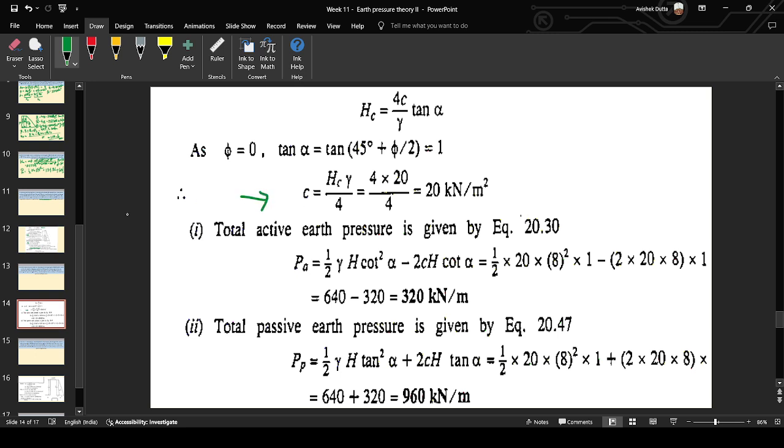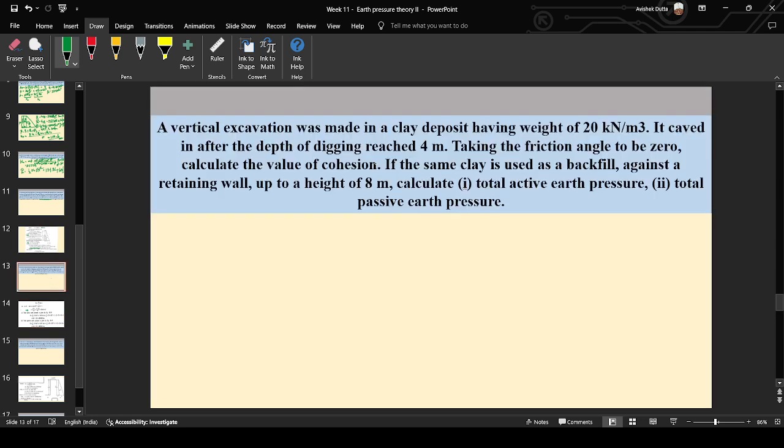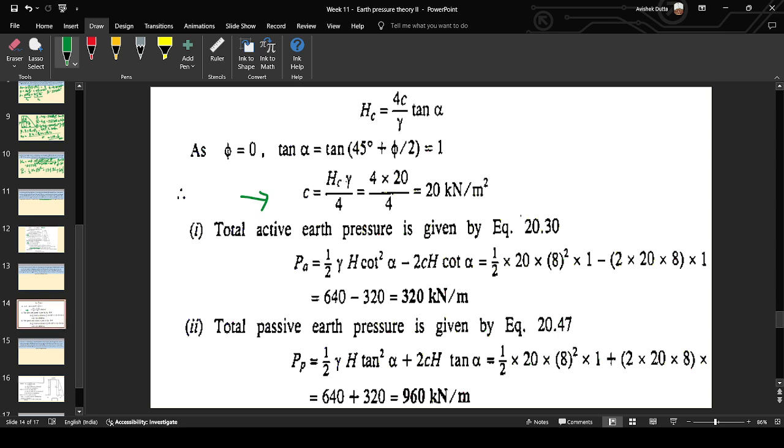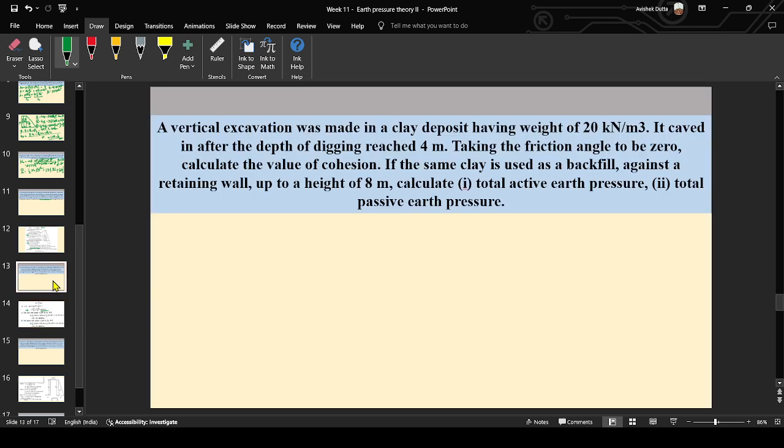Now the height is 4, as mentioned here. It caved in after the depth of digging reached 4 meters, so it can support itself up to 4 meters. So 4 meter is the unsupported vertical cut. Now hc is 4 meter, gamma is 20. The value of cohesion is 20 kilonewton per meter square, as asked in the question.